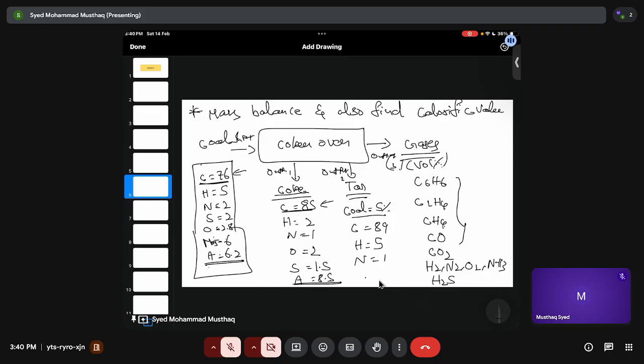Or if you want to involve the carbon, then you need to involve all the carbon-containing compounds in the mass balance. Again, that is not a suitable process. Instead, we need to involve a certain compound which shouldn't make our problem much complicated.